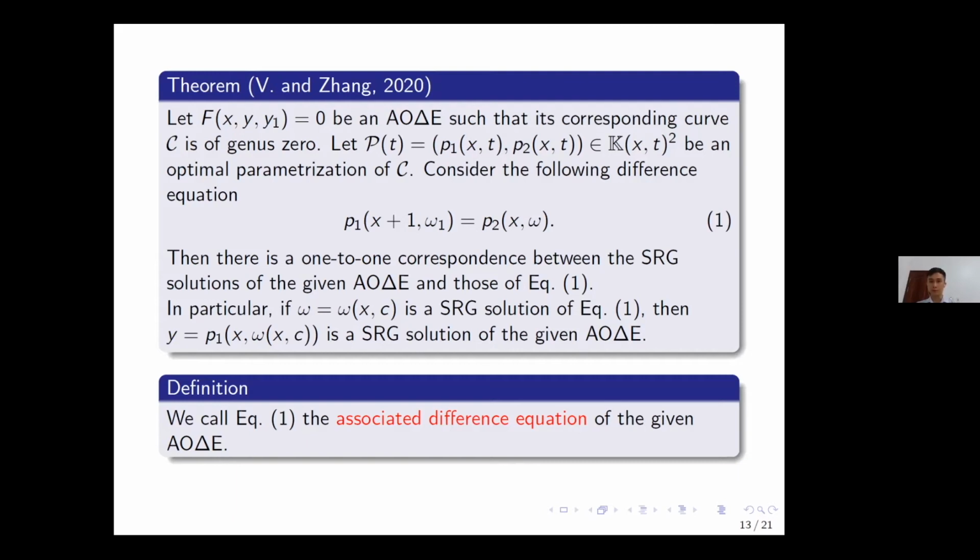But the difference case is more complicated. For differential equations, they know an algorithm to solve the associated equation. For the difference case, we have to establish a new algorithm, and it is more complicated.